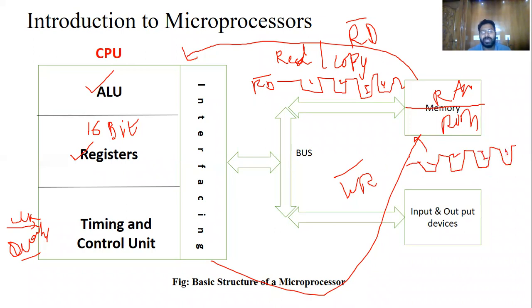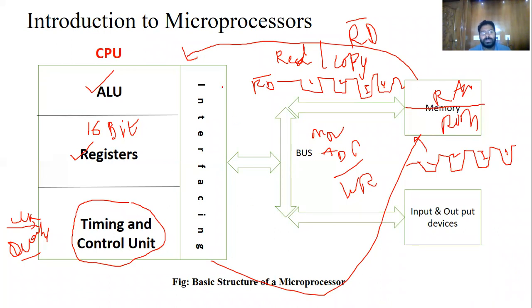So for each and every operation, whether a read operation, write operation, move instruction, add instruction, or subtract instruction, whatever it may be, a fixed number of clocks is supplied by this timing and control unit to the various devices.